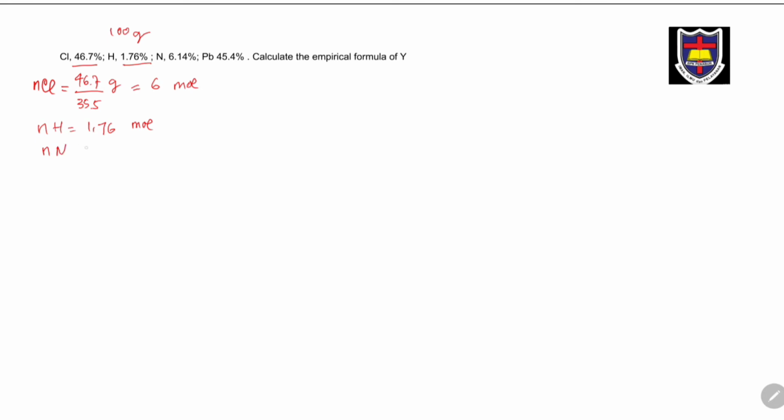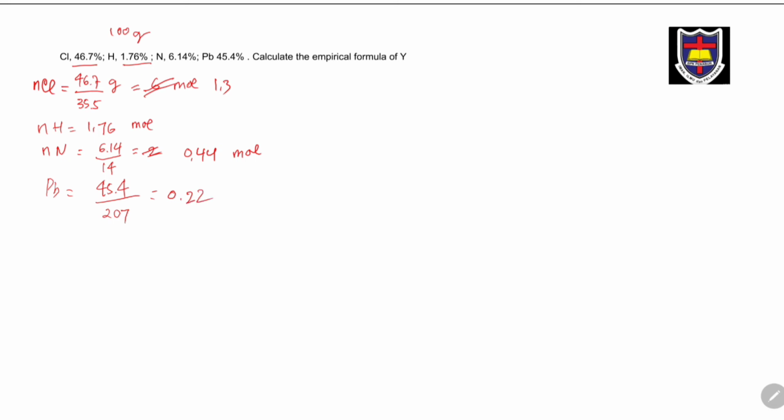For N, 6.14 divided by 14 is 0.44 mole. For Pb, 45.4 divided by Ar 207 is 0.22.